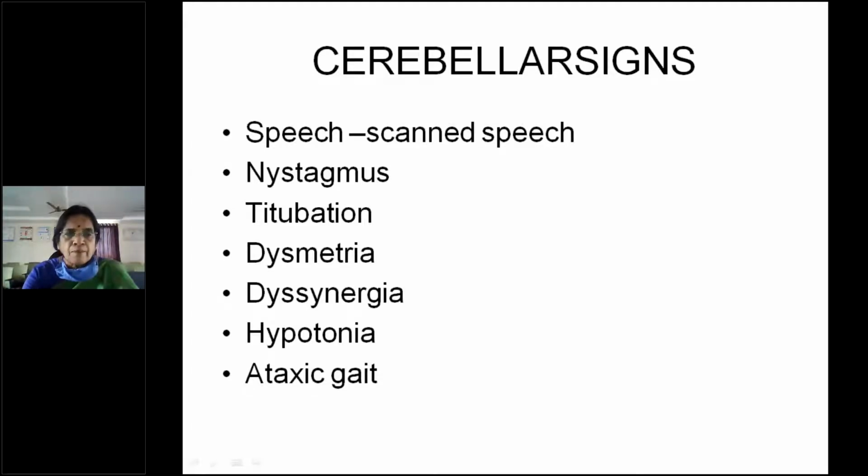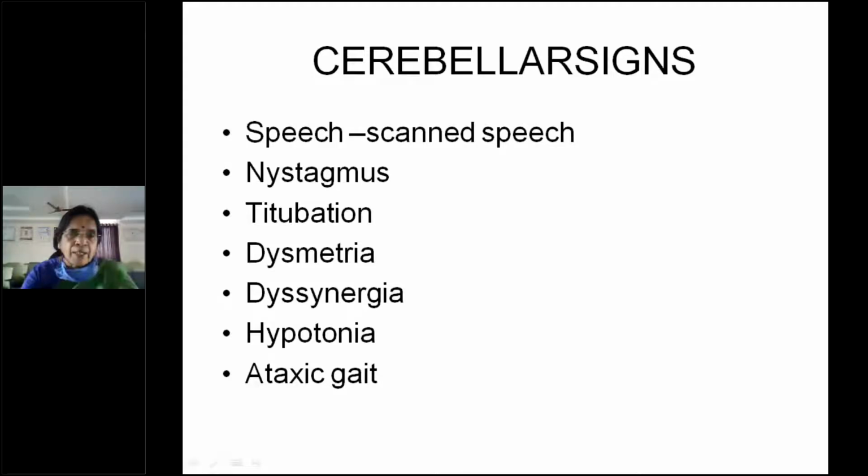Hypotonia can occur in lower motor neuron type of lesion and cerebellar lesions, and also in neuronal shock in the upper motor neuron type of lesion. And the other thing is the ataxic gait. They will tend to fall to one side. They can have the ataxic gait with open as well as closed eyes.